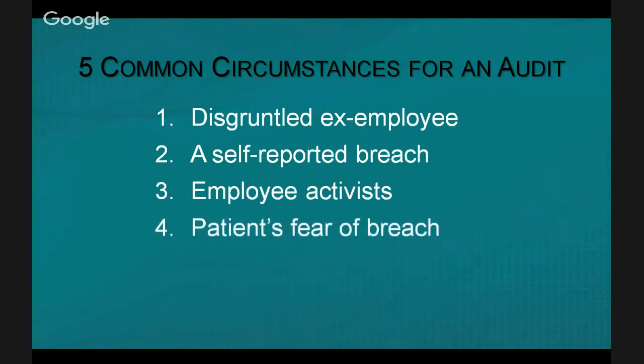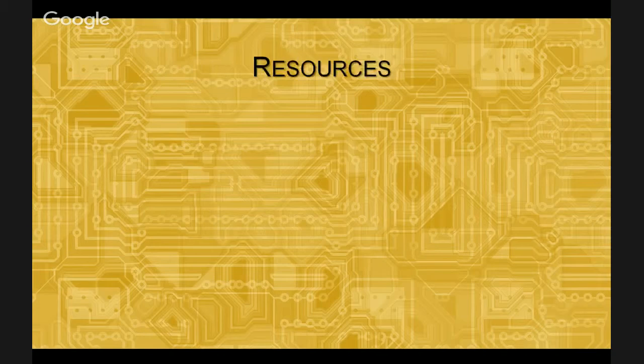Number four, patients' belief that their information has been breached, or they believe someone else's information is in jeopardy. And the fifth is just a random OCR visit. And we talked a little bit about why that is the case.